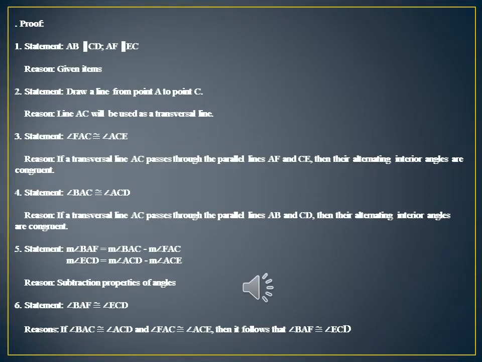This is the proving steps that we have to list down. We have to write the statement and reason as well. 1. Statement: AB, CD, AF, EC. 2. Statement: draw a line from point A to point C. 3. Statement: FAC, ACE. 4.